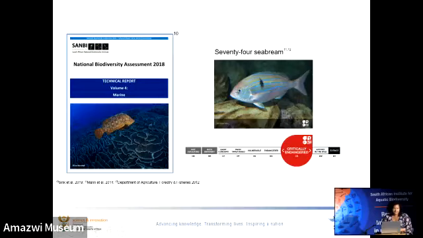However, there has been recent evidence that noted that the stocks may have recovered, and basically highlights the need for novel biomonitoring methods to assist in the reassessment of the species.